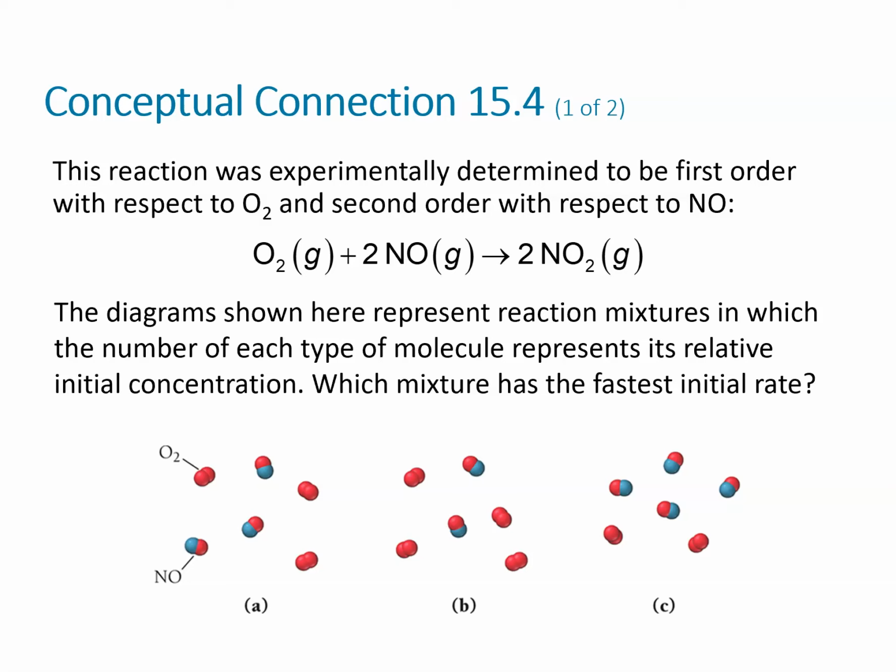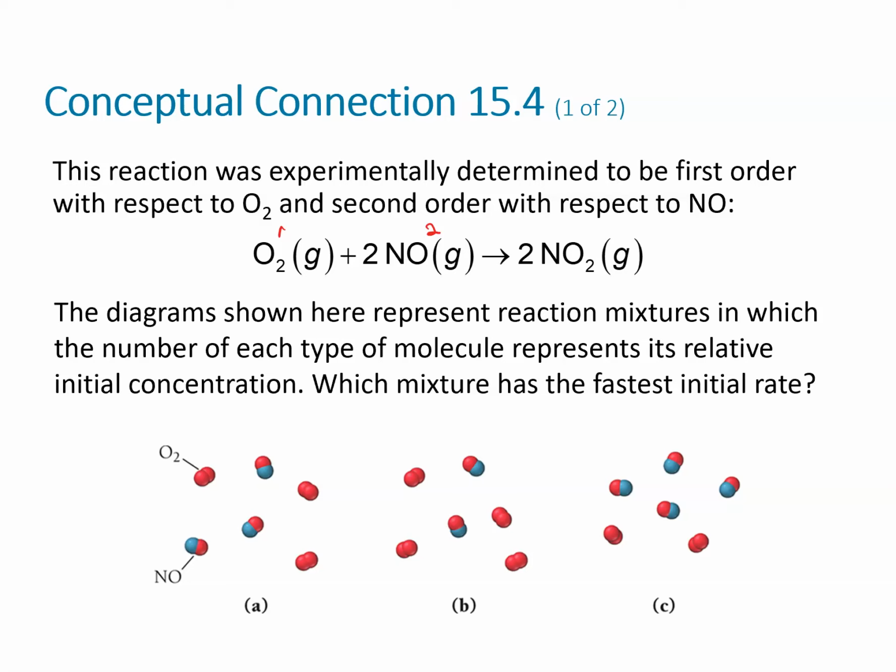Well, if the reaction order for oxygen is first order, and the reaction order for the NO is second order, that means that when you double oxygen's concentration, it only doubles the rate of reaction. But if you double the concentration of NO, you're quadrupling the rate of reaction. So because of that, having a higher concentration of NO relative to the oxygen is going to increase the rate of reaction more.